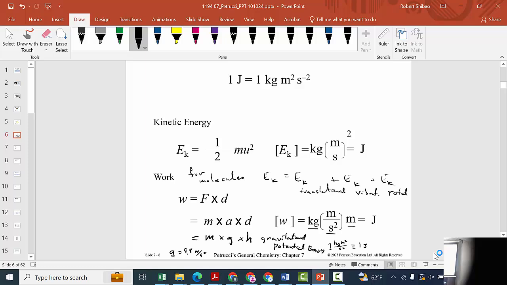And so in an ideal gas, all we have is this. But in molecules, we'd have these additional terms here. And so the calculation is a bit more complicated if we wanted to calculate the kinetic energy for a molecule.